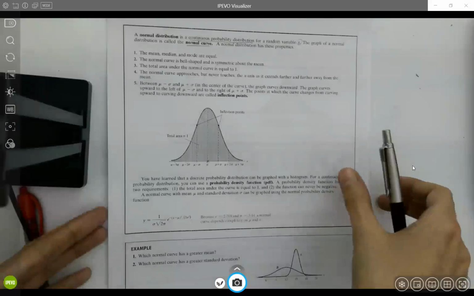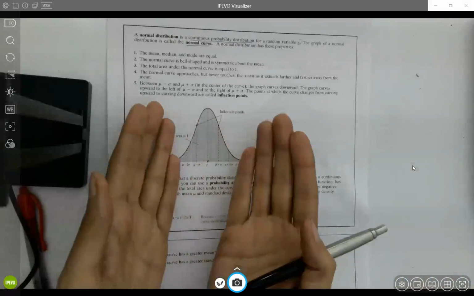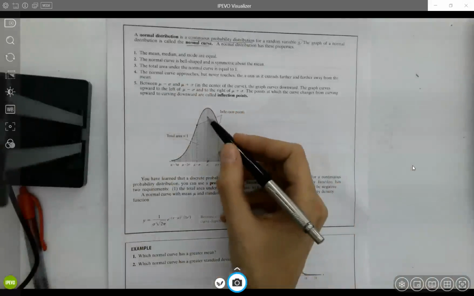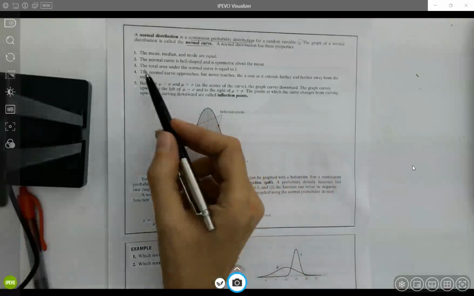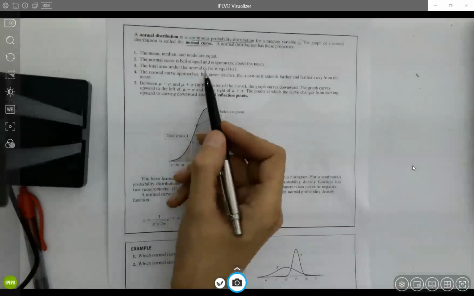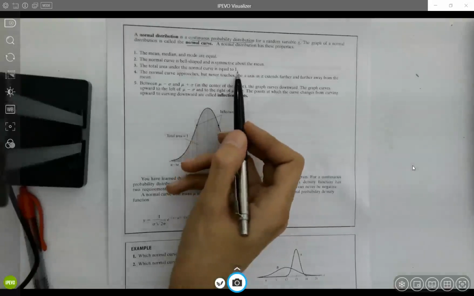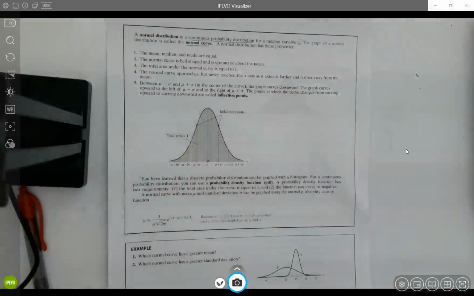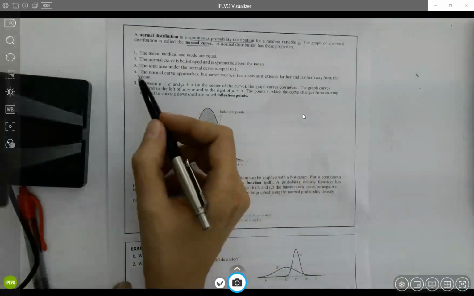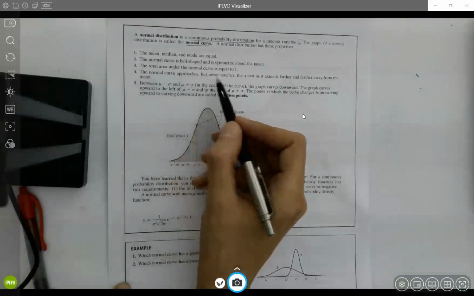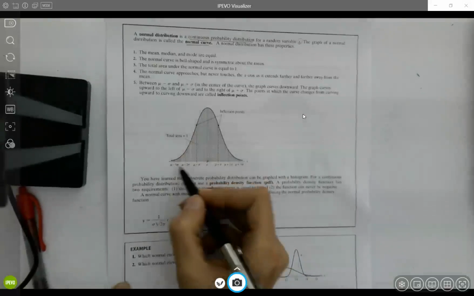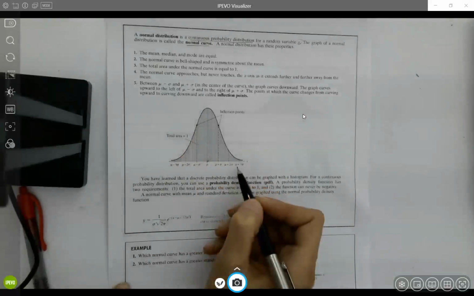It means that if I just flip this, I get the exact same area on the left and on the right. 3, the total area under the normal curve is equal to 1 or 100%. 4, the normal curve approaches, it's getting closer and closer, but never touches the x or horizontal axis.